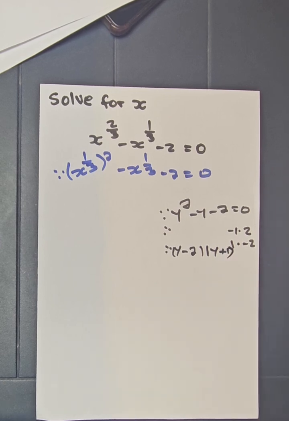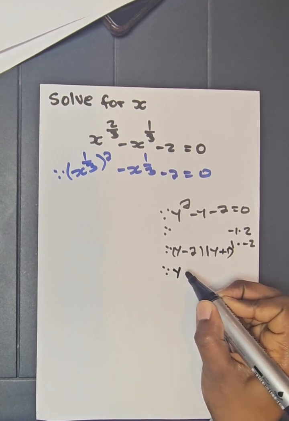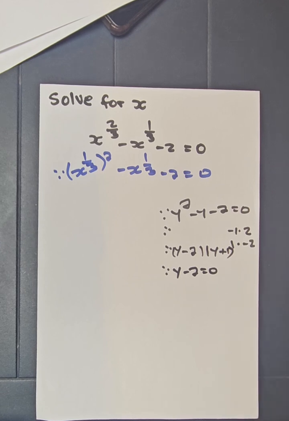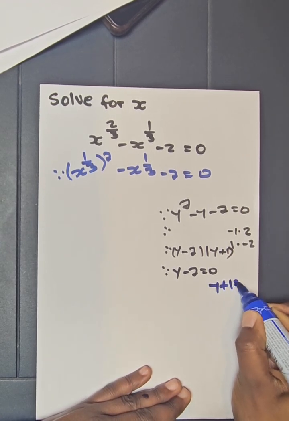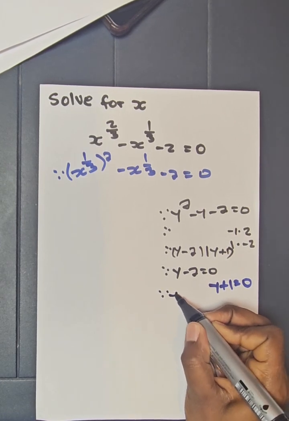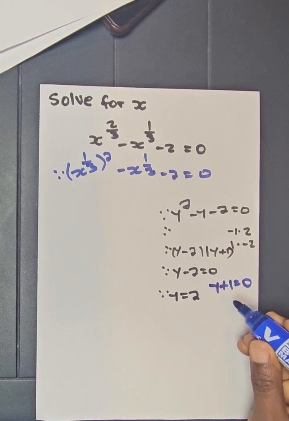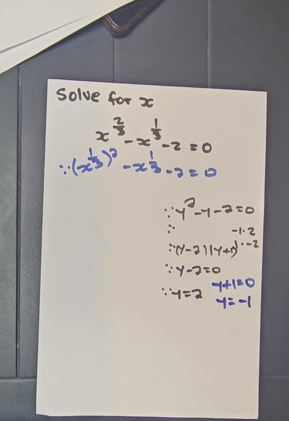Now, put each factor equal to 0 in order to solve it for y. y minus 2 equal to 0 and y plus 1 equal to 0. Now if we solve, our y equals 2 or our y equals -1. These are the two solutions we got for our y.